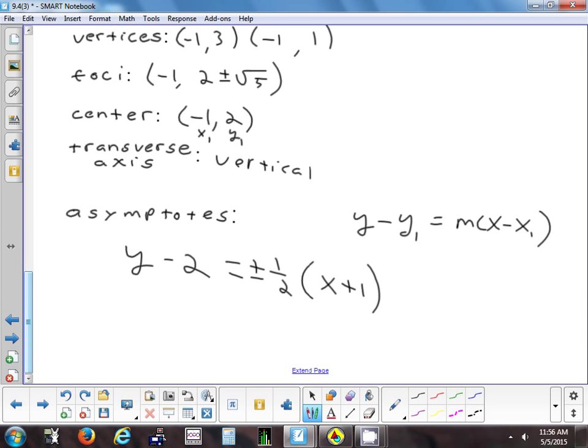If I was going to sketch it, I would probably distribute out the 1/2 and then add 2. That would get it in y equals mx plus b form. But you'd have to distribute it twice. Once as a positive 1/2, once as a negative 1/2. And add 2 to both sides.